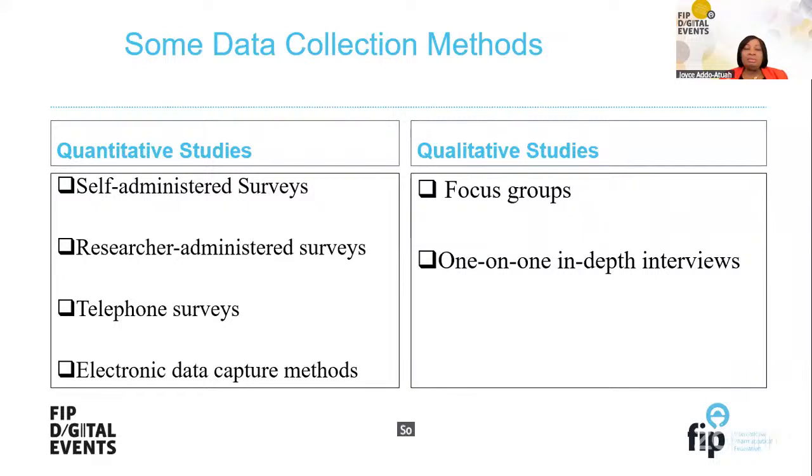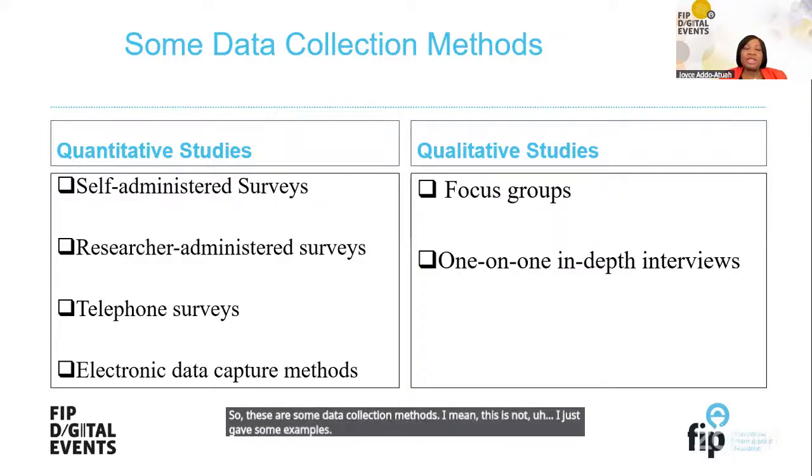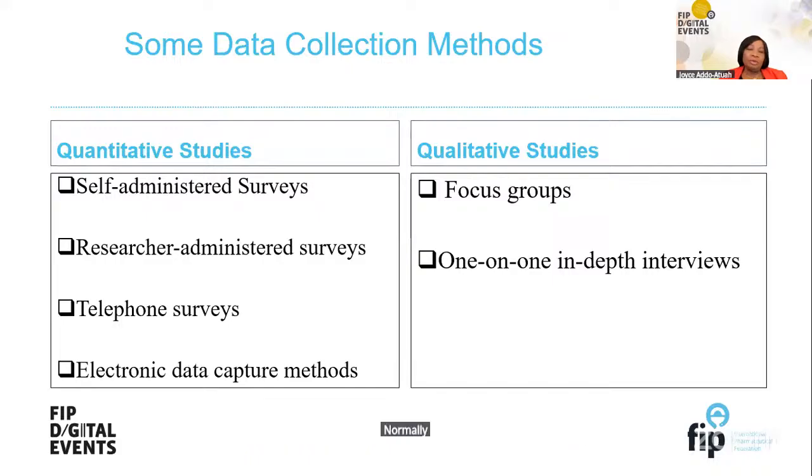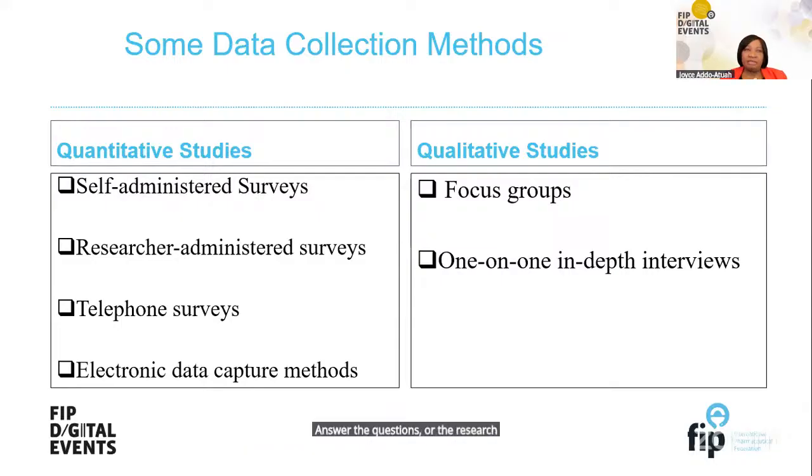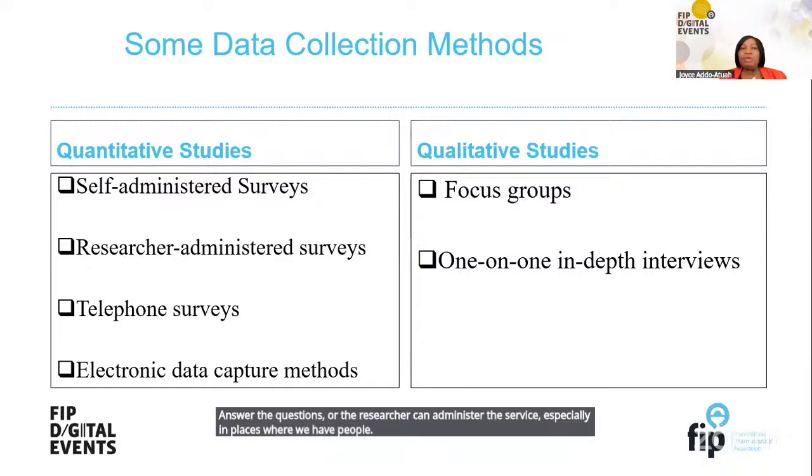So these are some data collection methods. I just gave some examples. If you look at the quantitative, normally the surveys are the most frequently used. The surveys can be self-administered, where participants themselves answer the questions, or the researcher can administer the surveys, especially in places where we have people who may not be able to read.